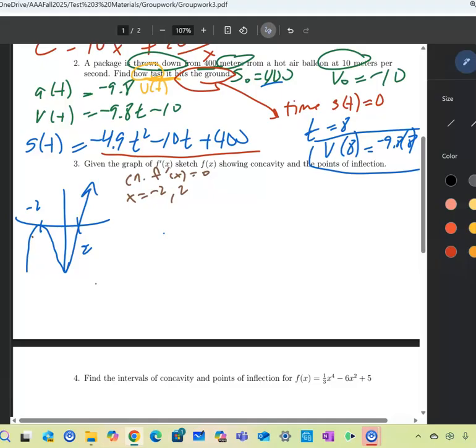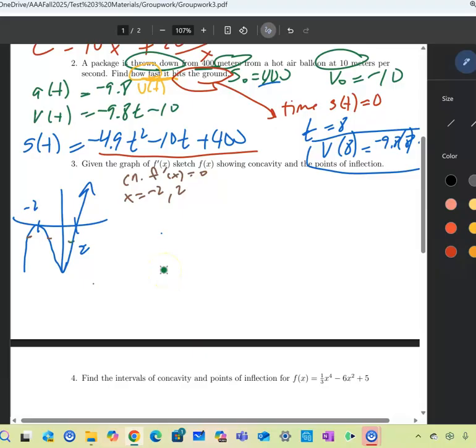Before and after negative 2, I see that they're both negative, so nothing's happening there. Before and after 2, it's negative to positive. So at x equals 2, since y prime changes from negative to positive, I know that I have a local min. f of 2 is a local minimum.